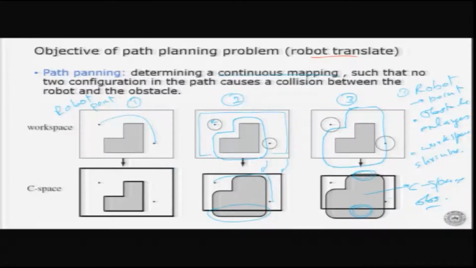So for the program also, this is basically a geometrical problem, which means this is the boundary of the obstacle. The robot is a point. Is there any path? Is there any continuous function which is connecting the start point to the goal point, which is not intersecting with the obstacle? That is a geometrical problem, which the program has to solve.